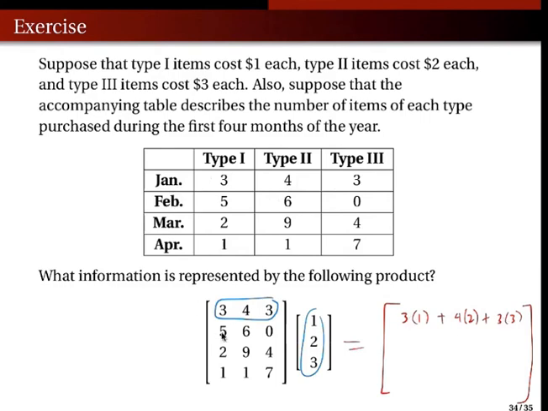So the second row multiplied to this vector here gives the total cost for February, and also for March and April, etc. So that's what we have for this product here. Each entry in the product represents the total cost for the month.